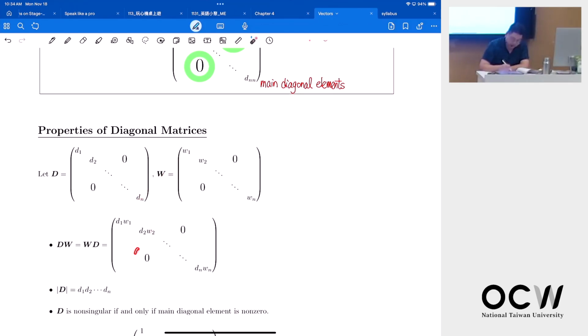Others will still be 0, which means after you do the product, this matrix is still a diagonal matrix, because the off-diagonal elements are still zeros. And the main diagonal elements are the multiplication of each corresponding element in the two matrices.